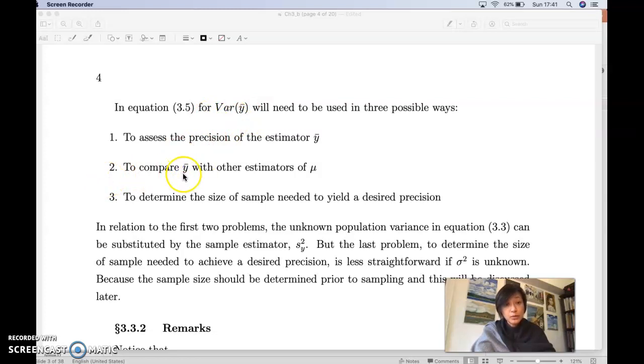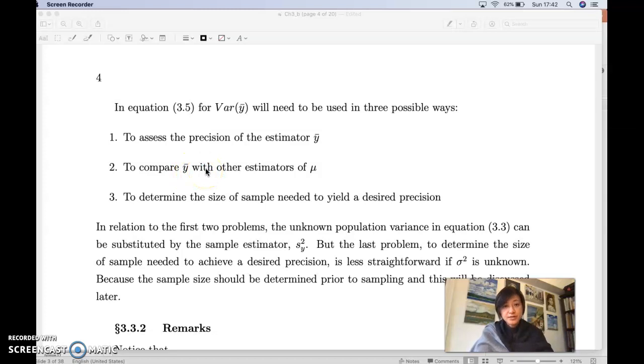Secondly, for y bar, our sample mean, we can calculate its variance and compare it with other estimators. Let's say we use another sampling scheme or another calculation to obtain an estimator, and we also compute the variance of that y bar.